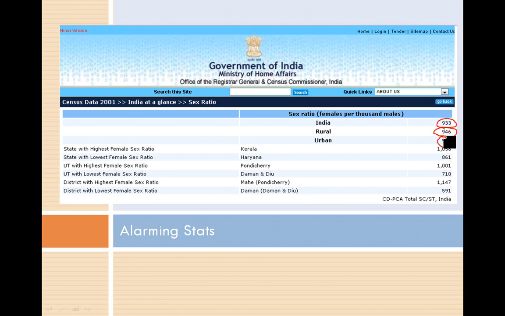However, this may also be the result of migration of only male members of the family to urban areas. So not much can be read into this data, but what is clear is that the problem is very complex and cannot be dealt with by generalizing it with one solution. So the problem of missing women in India is thus a very complex problem.